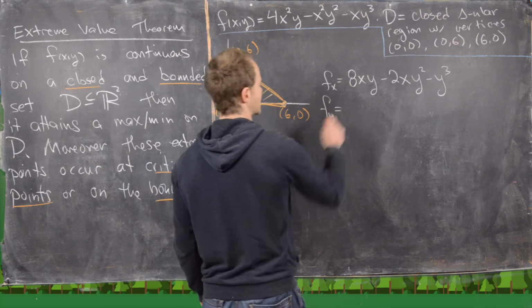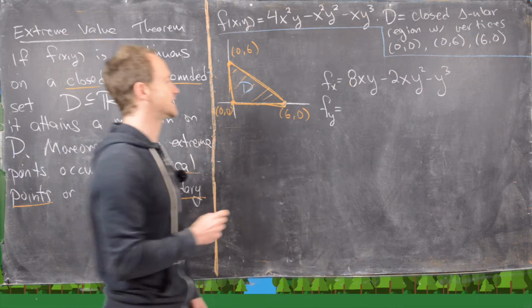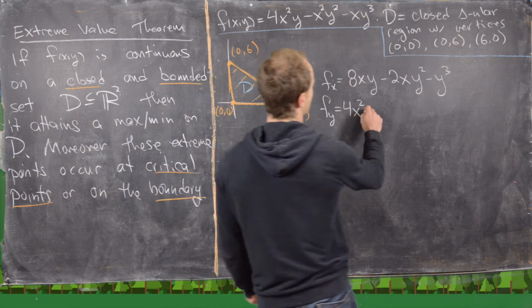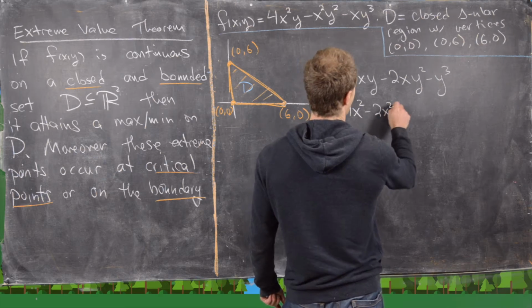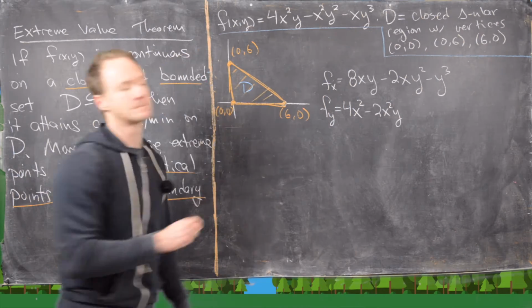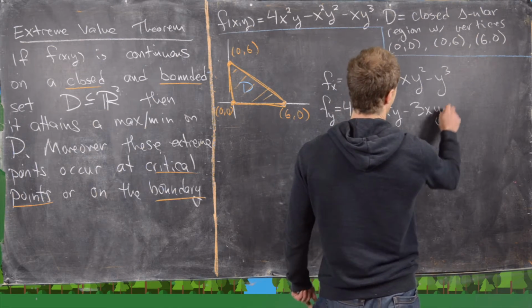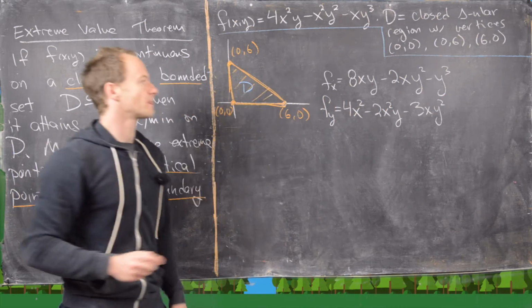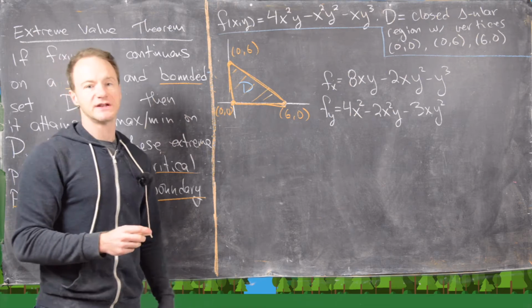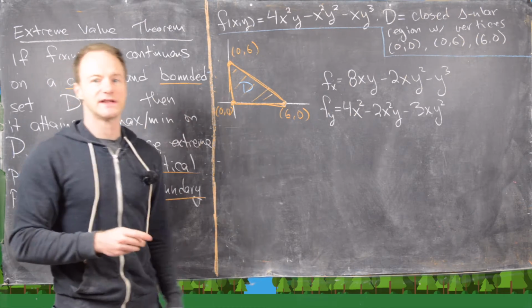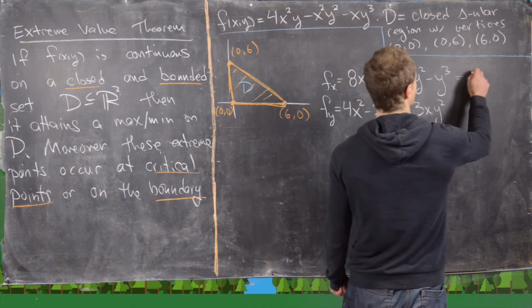The partial with respect to y, f_y, gives us 4x² - 2x²y - 3xy². Now we want to set each of those equal to 0 and find points that satisfy that system of equations.